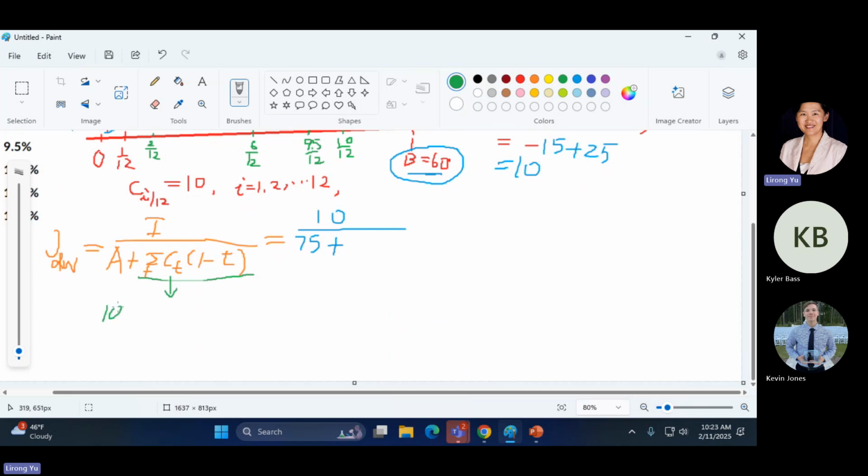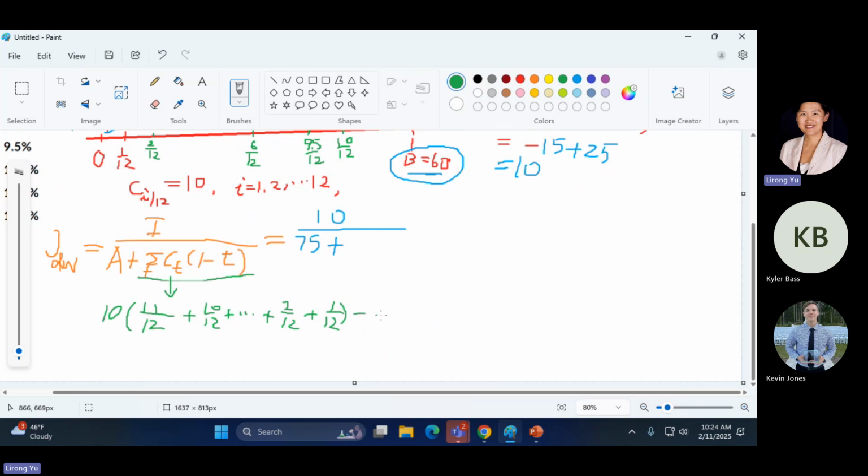The $10 deposit happened at 2 over 12, then 1 minus 2 over 12 is 10 over 12, plus, and then there's also 1 over 12, right? It's every month. So start with 11 over 12 plus 10 over 12 and 9, 8, and then finish at 2 over 12 plus 1 over 12. So those are all the deposits for the 10.